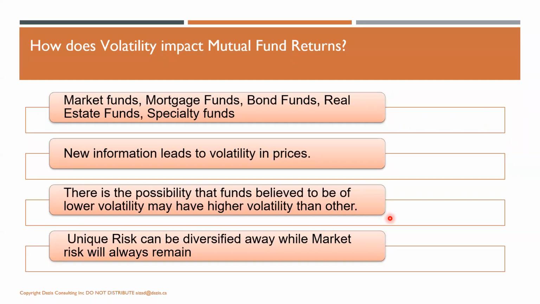Some are less volatile, some are more volatile. Volatility means the price of these shares may go up and down significantly due to news. The unique risk can be diversified away while market risk will remain.